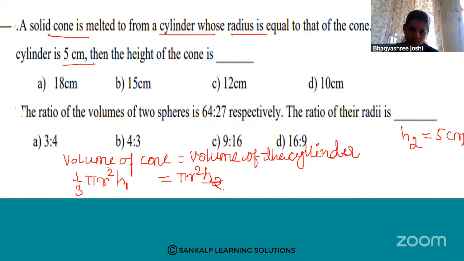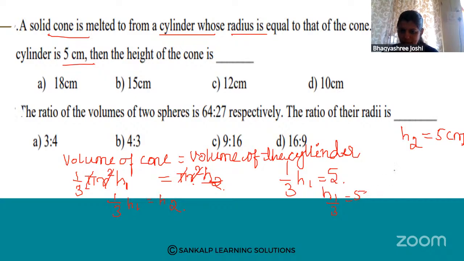Okay. Pi and pi will get cancelled. R square and R square will get cancelled. So 1 by 3 into H1 is equal to H2. So 1 by 3 H1 is equal to, what is the value of H2? H2 is 5, right? Now 1 into H1 is H1 divided by 3 is equal to 5.